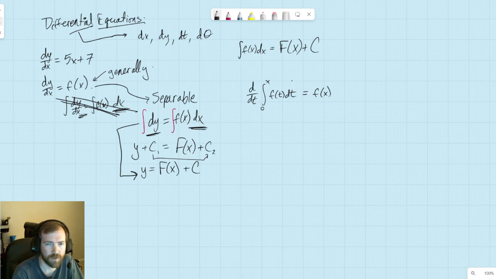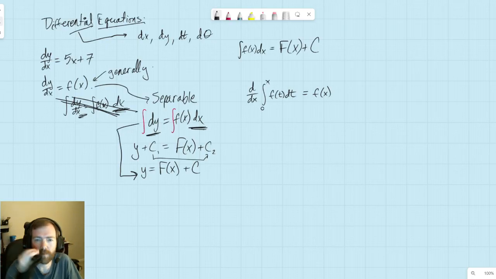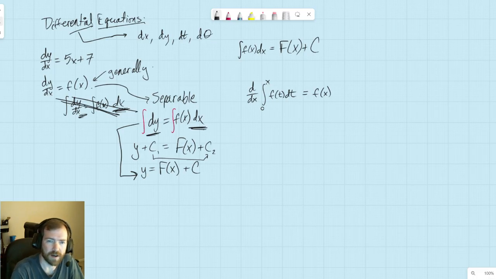So this was saying that if we end up taking the integral from 0 to x of f of t dt, and then take the derivative with respect to x, then we just end up getting back to where we started. So that's your fundamental theorem of calculus, which basically just says that integrals and derivatives undo each other, and Megalomorph can be much more rigorous in that if he so chooses.